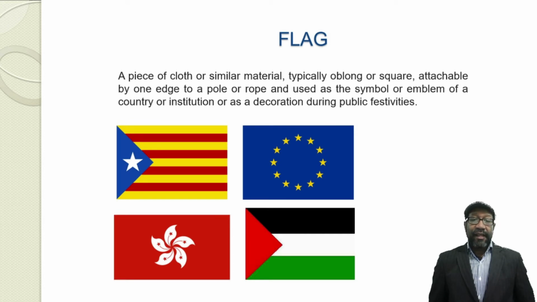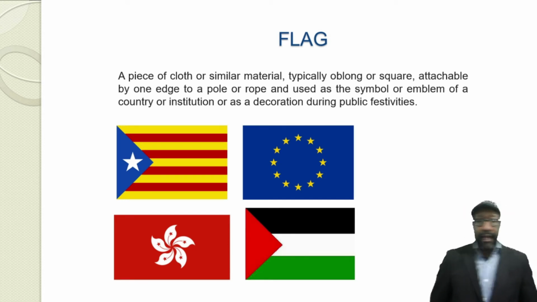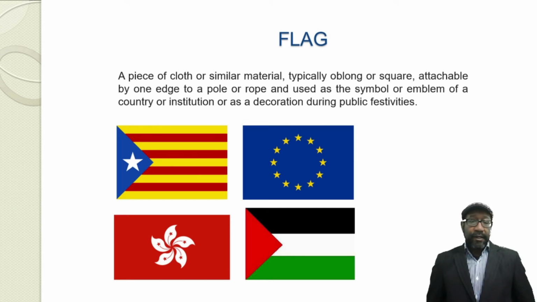We'll be focused on flags of countries, but before we go there, I want to show you these four flags to see if you know them, okay? Let's start with this one, in red and yellow stripes and with a white star inside a blue triangle.